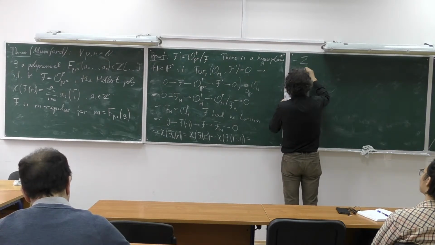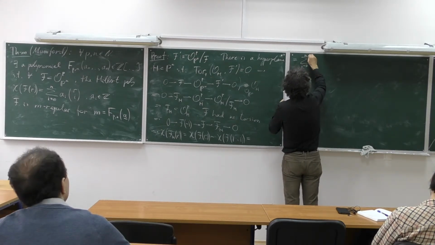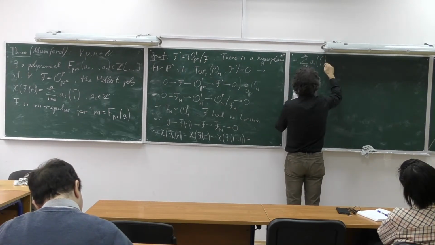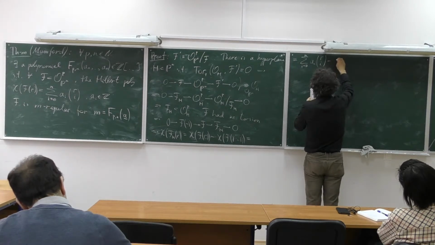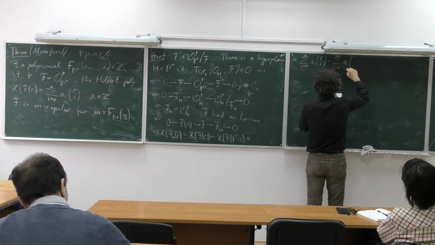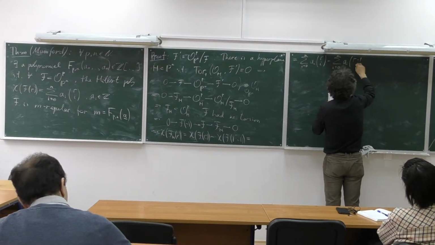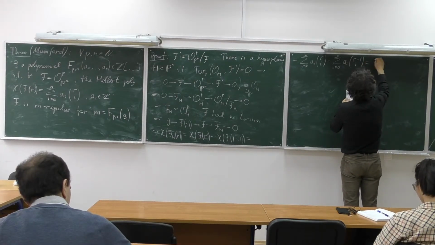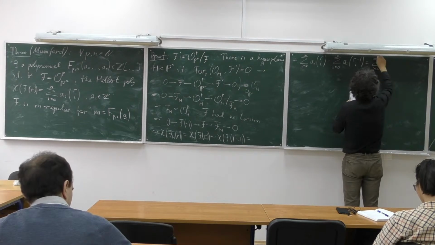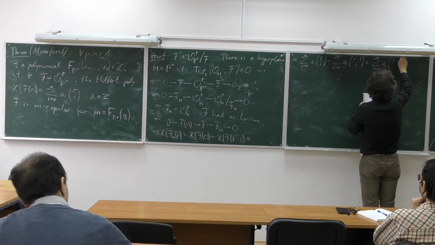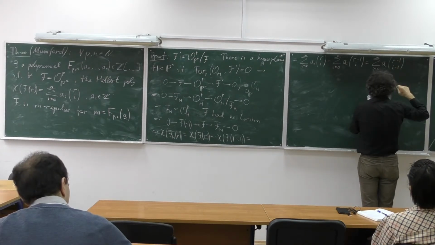The sum from i equals 0 to n, a_i times r choose i, minus the sum a_i times r minus 1 choose i, and then it is the sum of a_i times r minus 1 choose i minus 1.